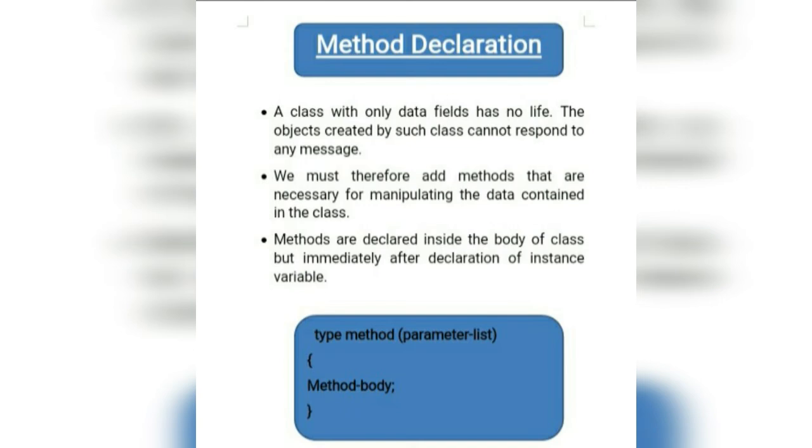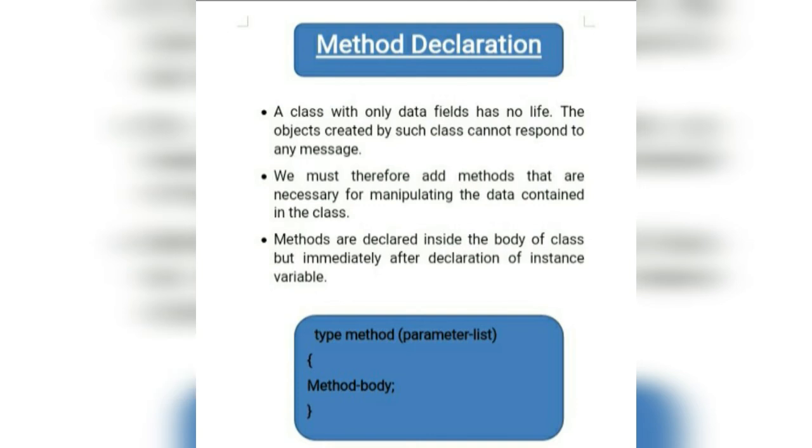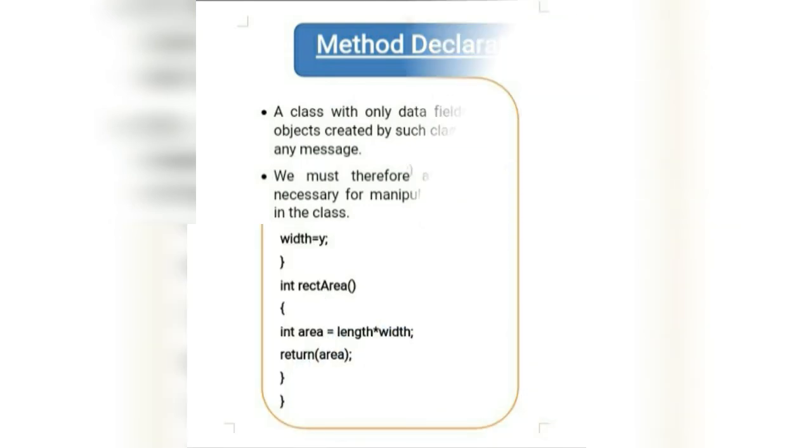The method name is a valid identifier. The parameter list is always enclosed in parentheses. This list contains variable names and types of all the values we want to give to a method as input. The variables in the list are separated by commas.